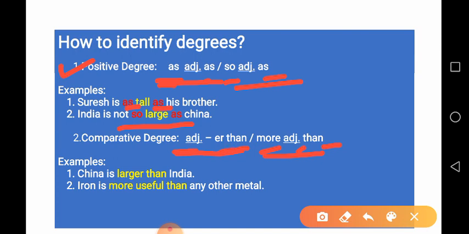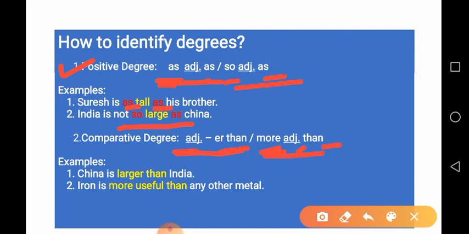So, when er is added to an adjective and afterwards than is used, this is called a comparative degree. Sometime we use more, means more is used before an adjective. So, such adjective, those are having 2 or more than 2 syllables.